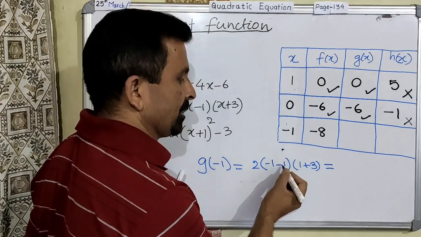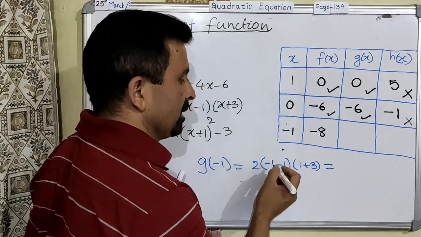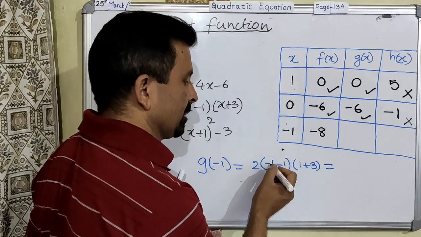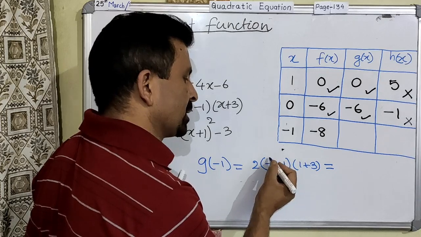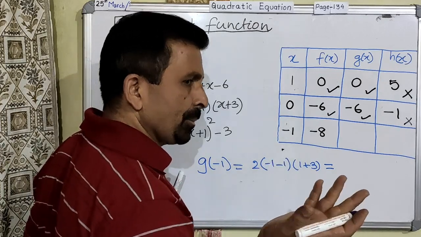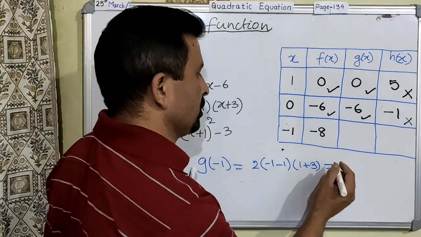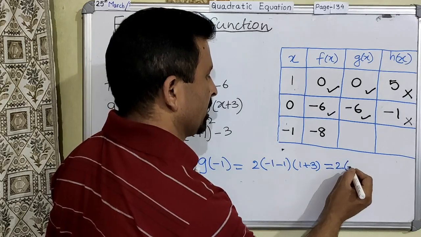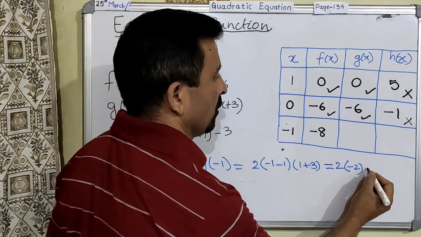This is because it is not multiplication. Only when it is multiplication will you apply the sign rule. This is minus 1, this is minus 1. That means these two are the same type of number. Therefore they are added, and the sum of two negative numbers is always negative. Sum of positive numbers will be positive, and obviously the sum of negative numbers will also be negative. So 2 into (minus 2), I will write this in brackets because it is negative, and 1 plus 3 is equal to 4.